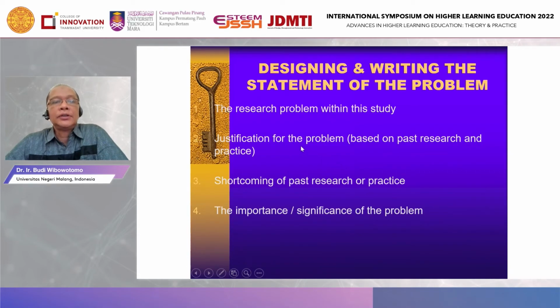So this is the justification for the problem. The statement that we are writing importantly has to be based on past research or practice. This is the justification for the problem.